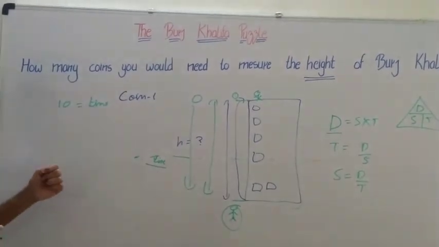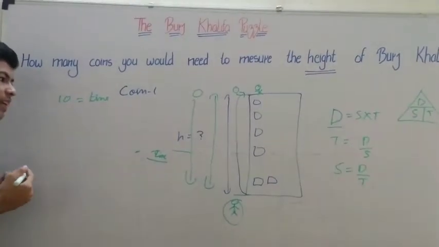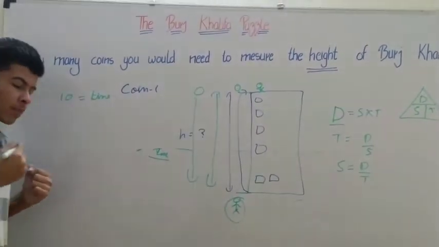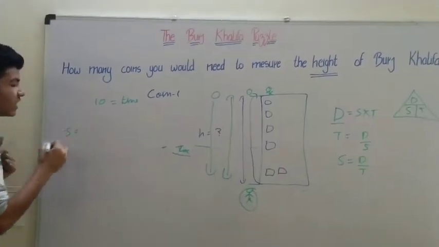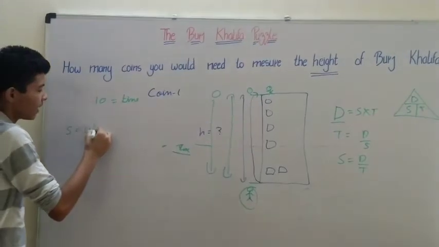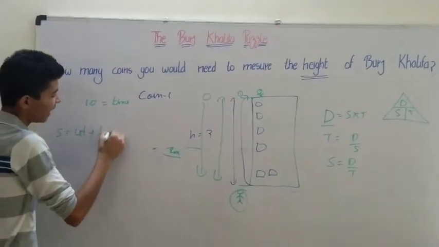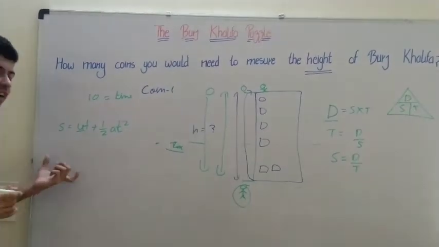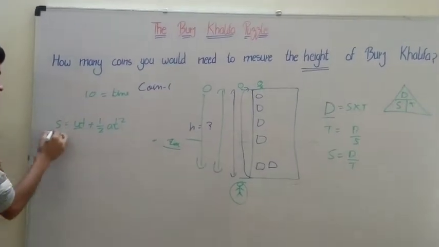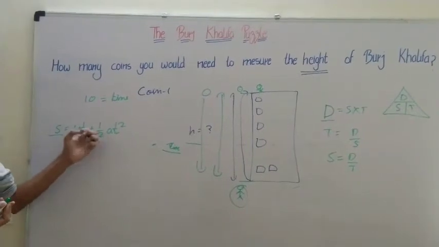Now we have to find the value of the height, that is the distance. With the second equation of motion, the distance traveled is s equals ut plus half at square. Here u stands for the initial velocity, t stands for the time, s stands for the distance, and a stands for the acceleration.